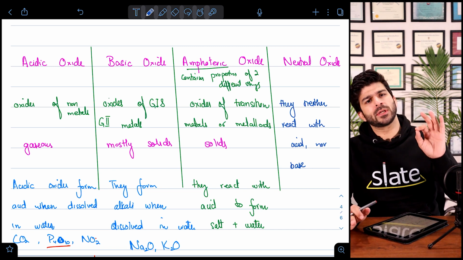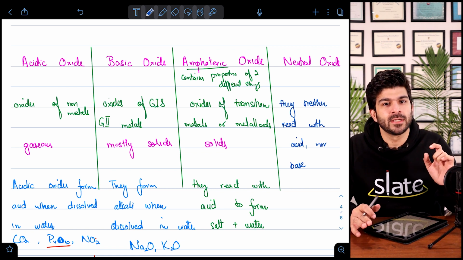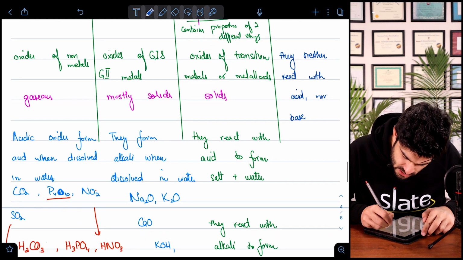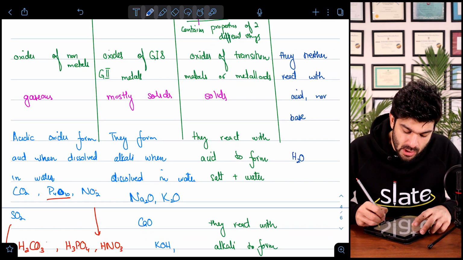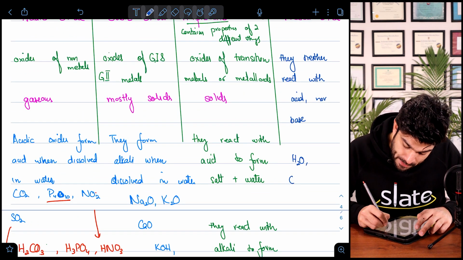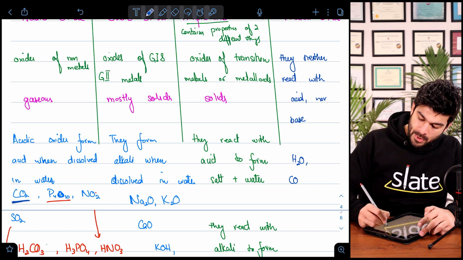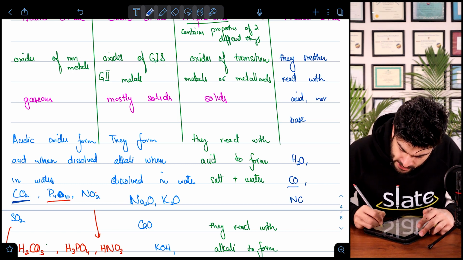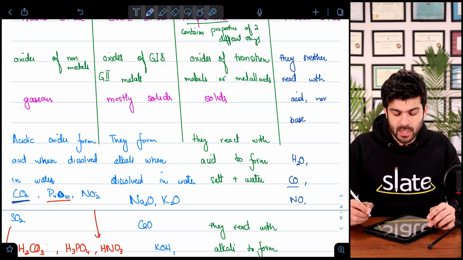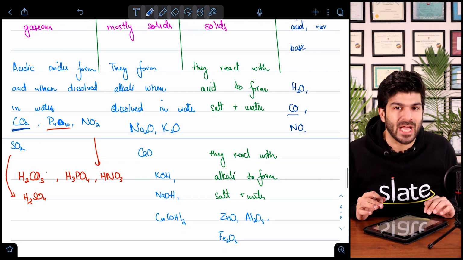And the most important compound with oxygen in it that's a neutral one is water. Water is a neutral oxide. Carbon monoxide. Here we had carbon dioxide as an acidic oxide, but carbon monoxide is a neutral one. And nitrogen monoxide. These 3 are neutral oxides.